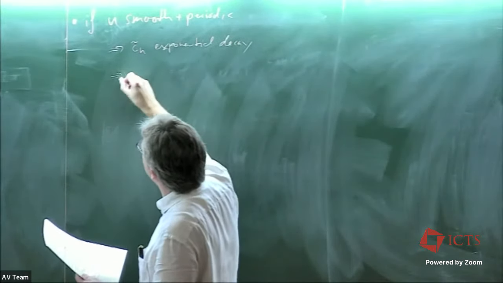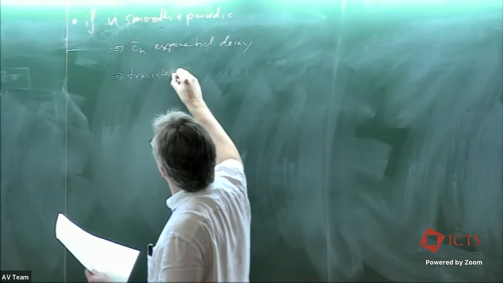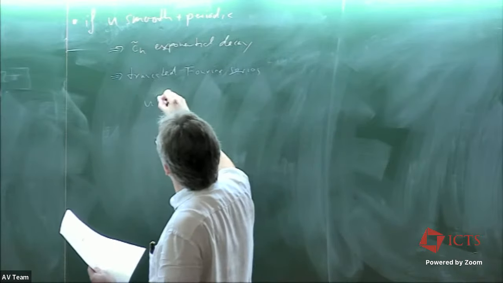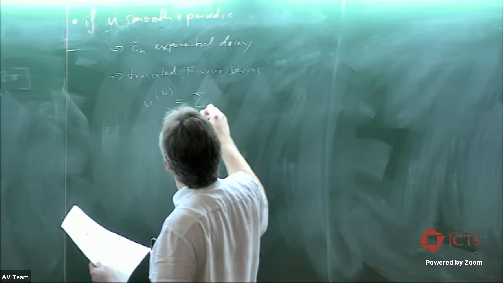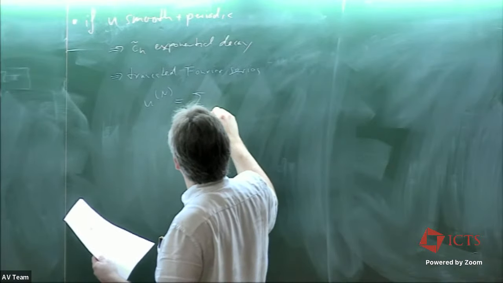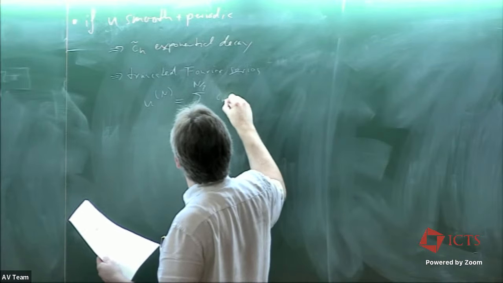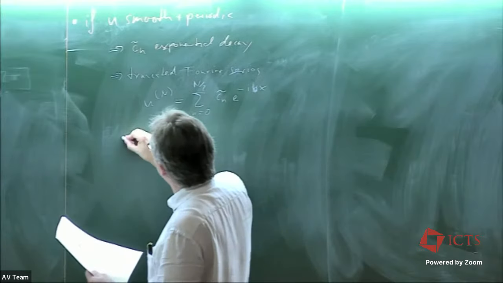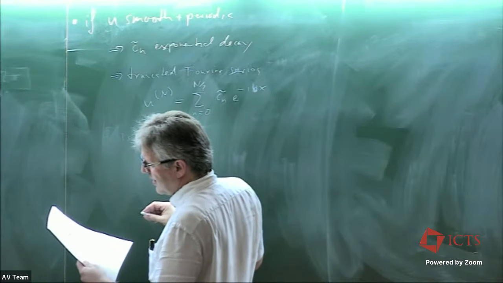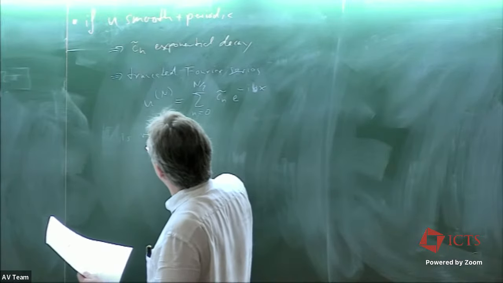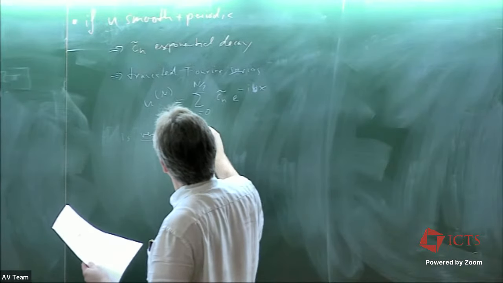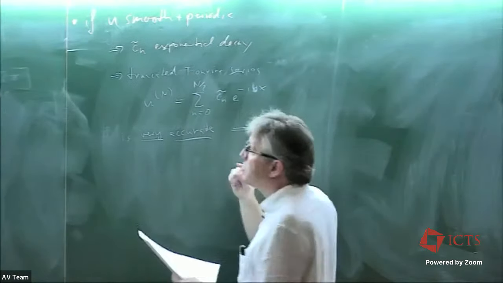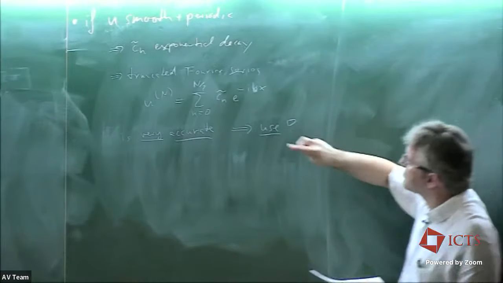And the truncated Fourier series, so Un is the sum n equals 0 to n over 2 Cn tilde e to the minus inx, is very accurate. And so this is the use case. This is the case we want to be in.